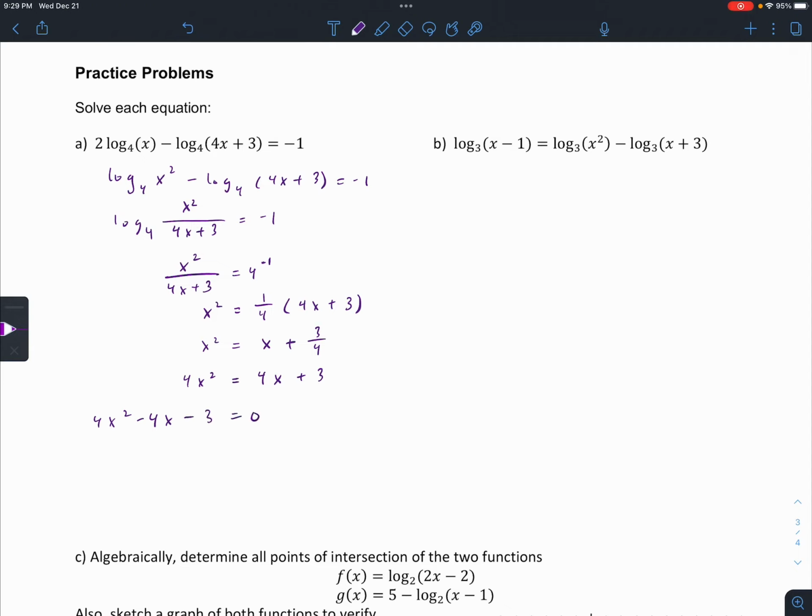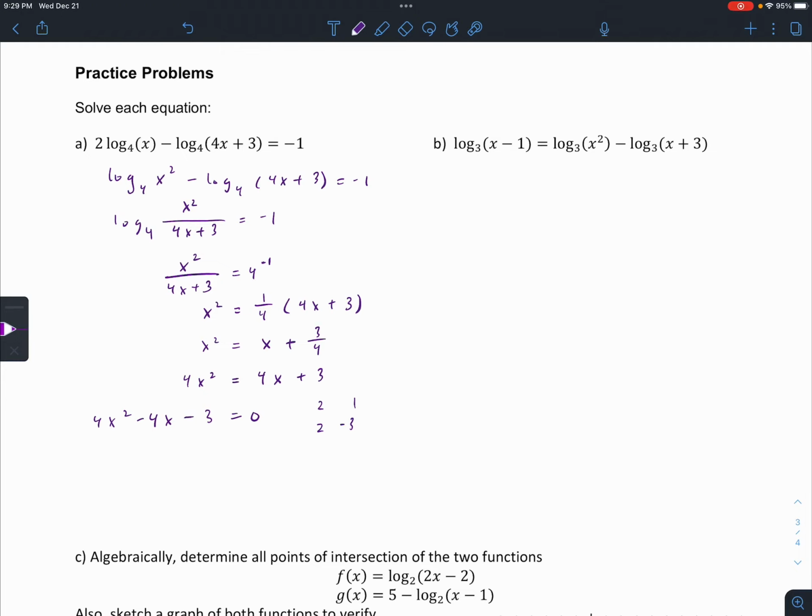Now we have to see if we can solve this by factoring. And it does appear that I think we can, because there are two numbers that multiply to negative 12 and add up to negative 4. So just have to see now. So let's see, if we go with 2 and 3 and 1, let's see, this should work.